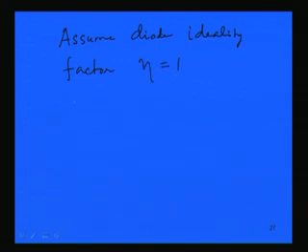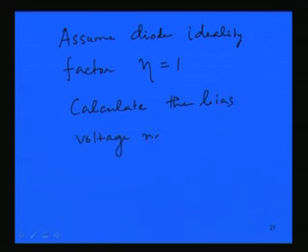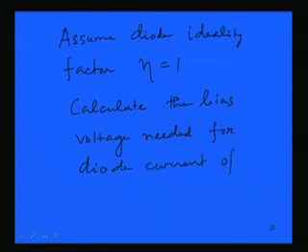Also, you have to calculate the bias voltage needed for diode current of 1 milliampere. For diode current of 1 milliampere, what will be the bias voltage to be applied when the diode current is 1 milliampere and also 100 milliampere.